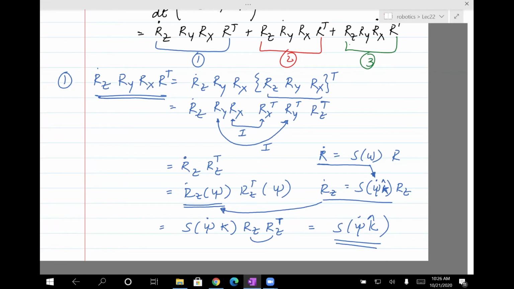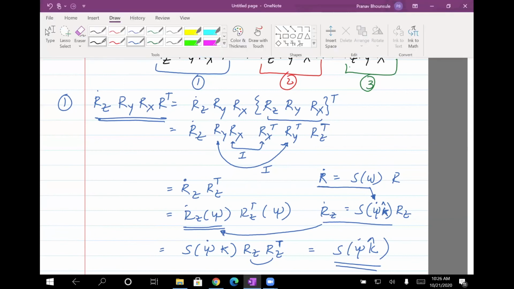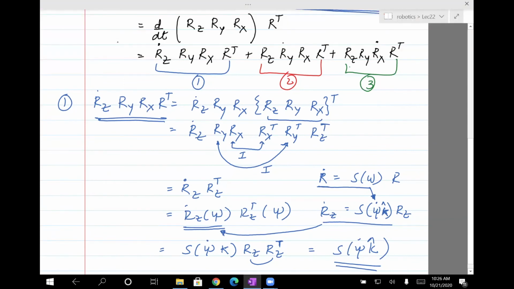Let's go to the second term now. I'll do it a little bit faster this time, but hopefully you'll get the hang of it as I already explained it once. So let's do the second expression, which is Rz Ry dot Rx times R transpose.